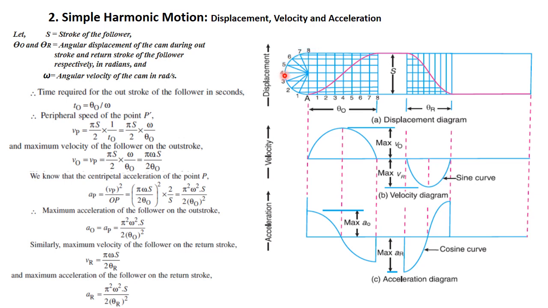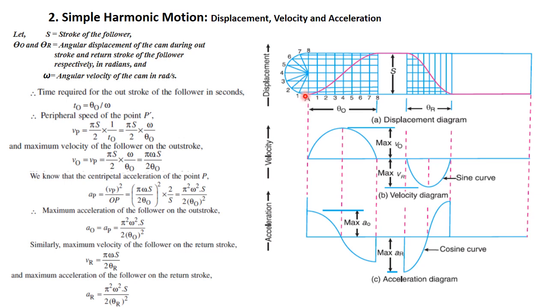So we have taken a semicircle here with diameter equal to the stroke, and we divide the circle into 8 number of equal parts. The same number of divisions have been taken for the outstroke and return stroke. If we take 8 divisions on the circumference of the circle, we will take 8 divisions on the outstroke and 8 divisions on the return stroke.